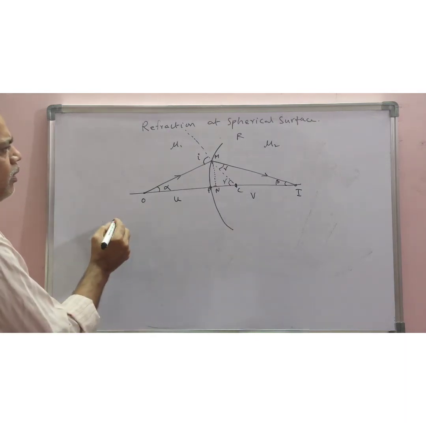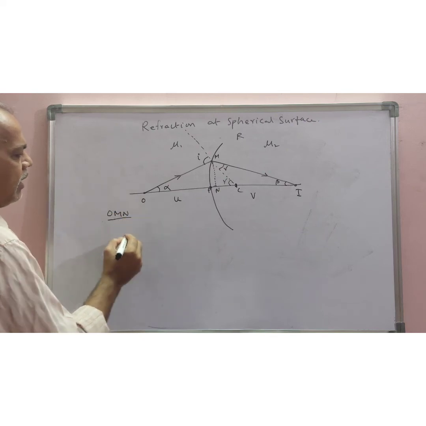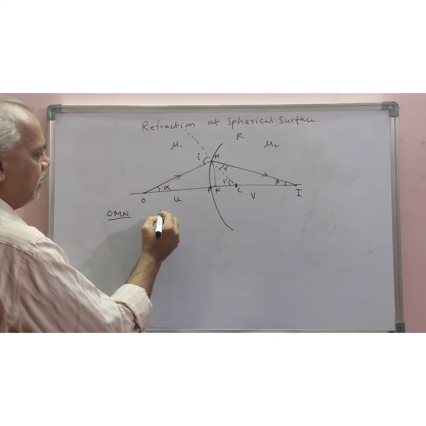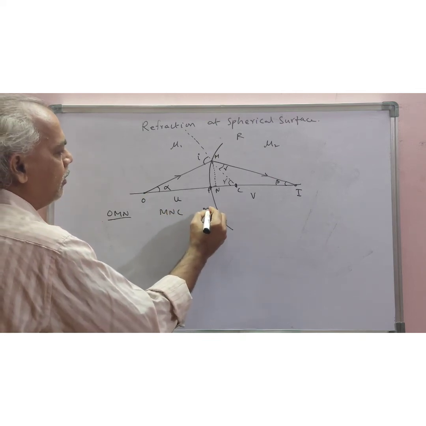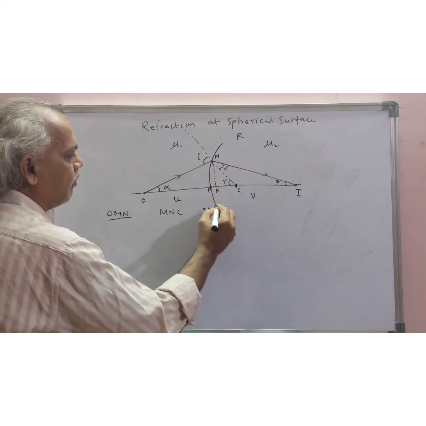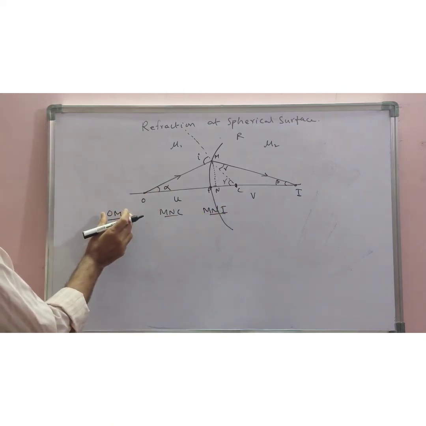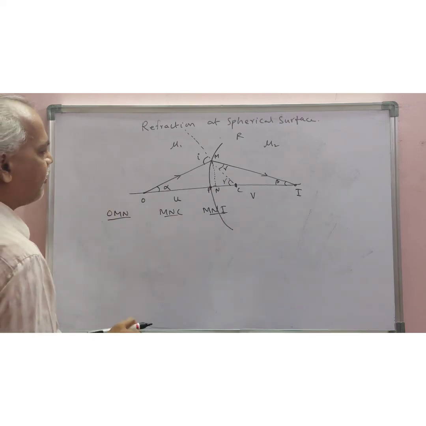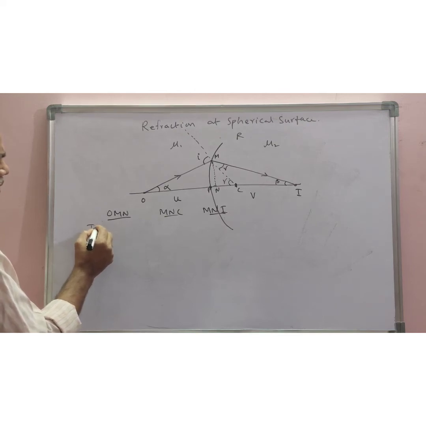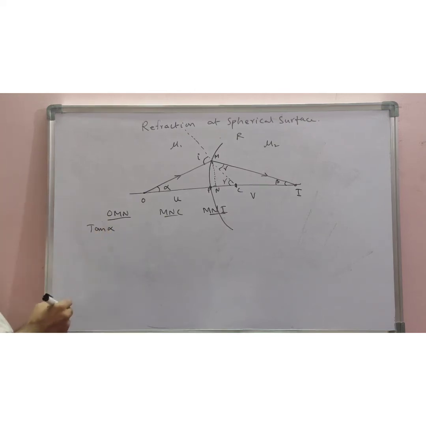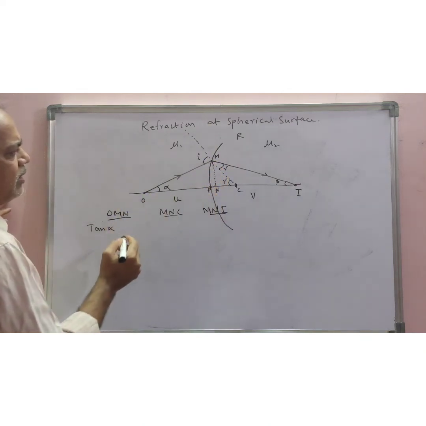OMN, another one is MNC, another one is MNI. First take the right angle triangle OMN. In triangle OMN, tan alpha is equal to opposite by adjacent side.